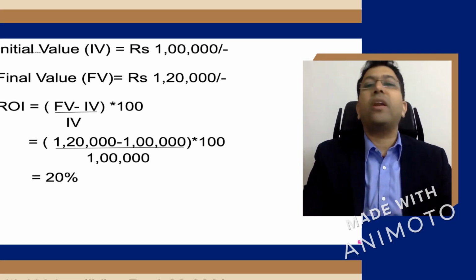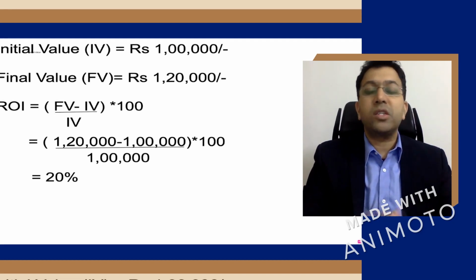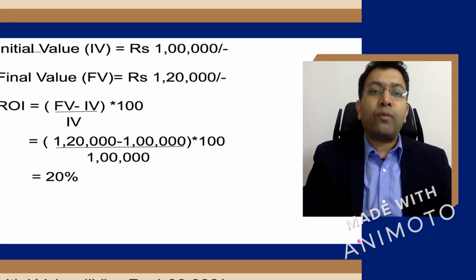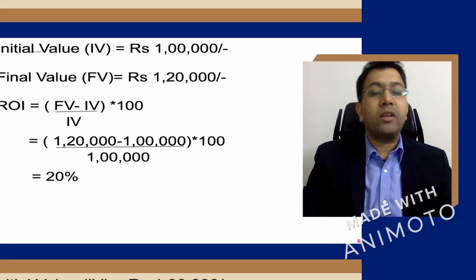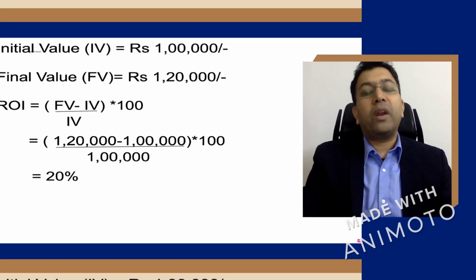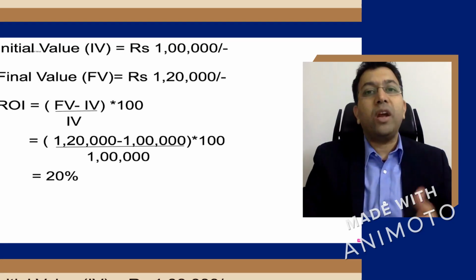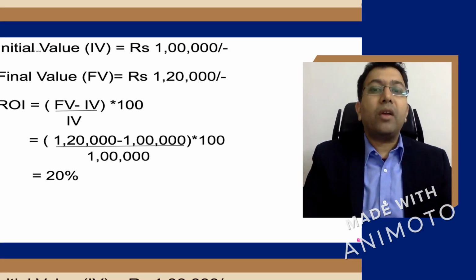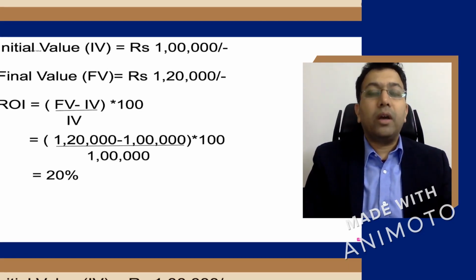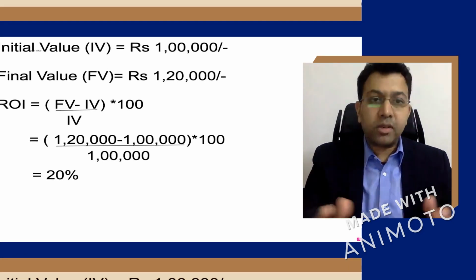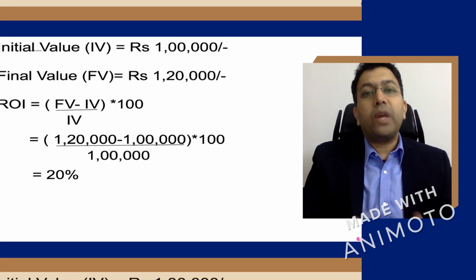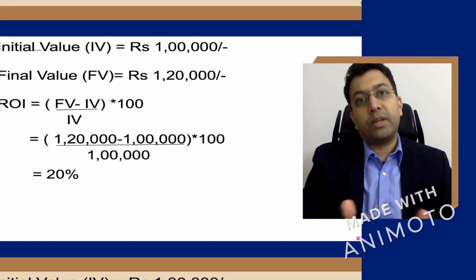So in your case this would be the final value of your mutual fund. So we will apply this to the formula that we have, that is the FV, that would be 1,20,000 minus IV, that would be 1 lakh, which would be divided by 1 lakh, the initial value, into 100. That will become 20%. So that will give a result of 20%. So we come to know that in a year's time, this investment has grown by 20%.